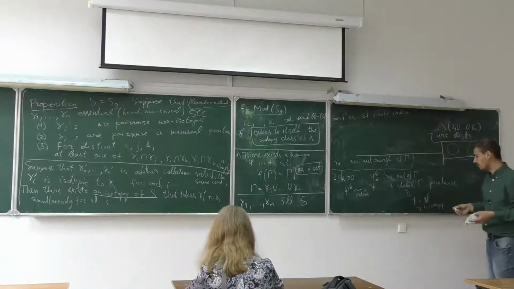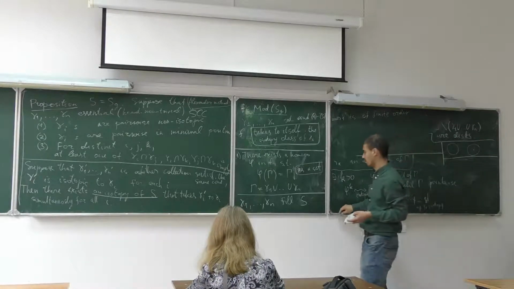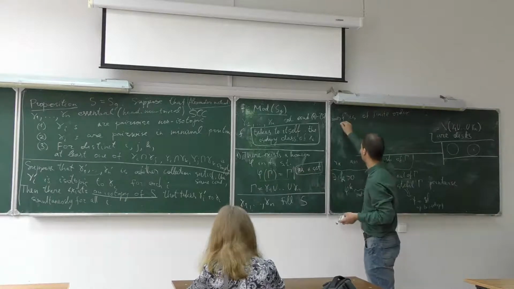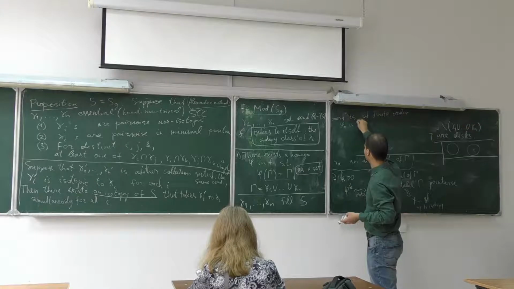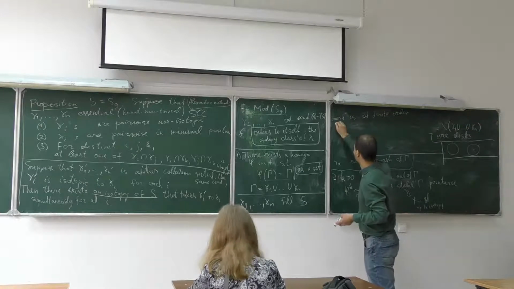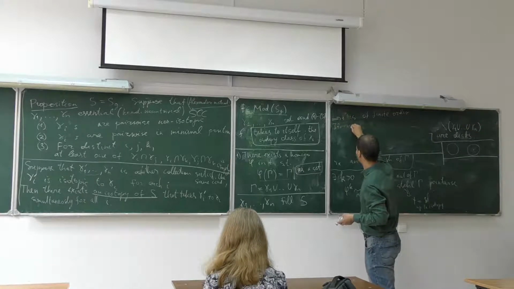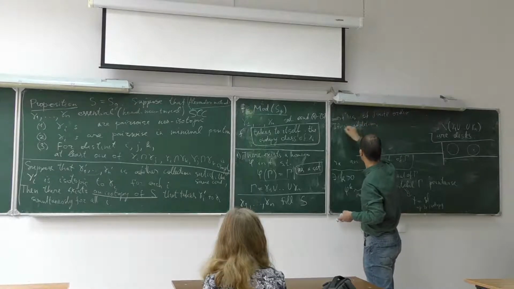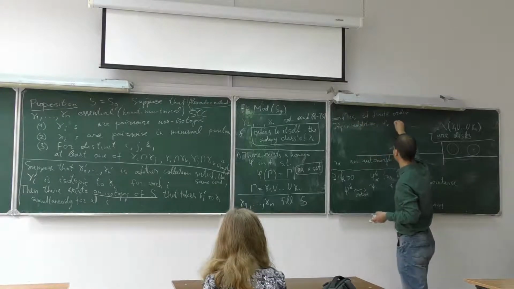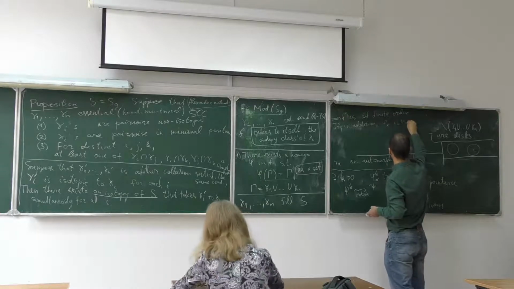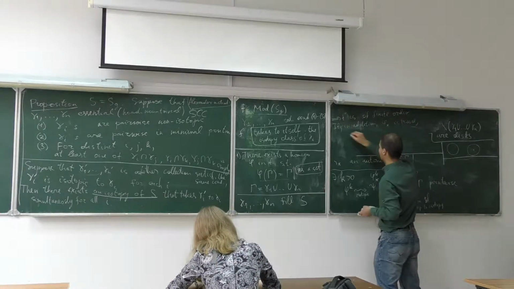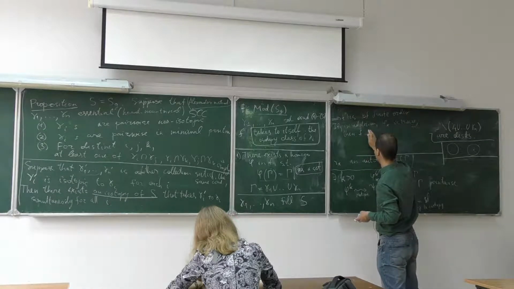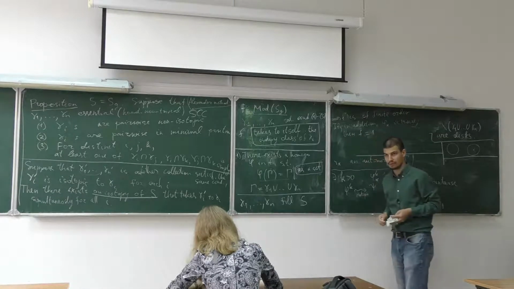And moreover, if this automorphism of a graph is trivial, if in addition this automorphism is trivial, then f just is a trivial mapping class.